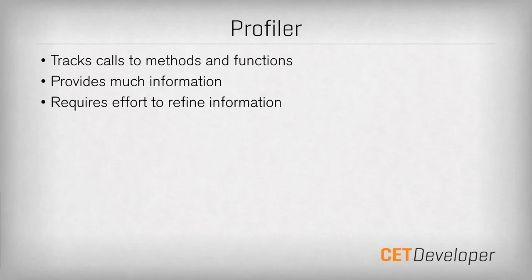Basically, when the profiler is active, when it's recording, it will track calls to every method or function that gets called. Based on this, it'll provide a lot more information about their runtimes and how many times they're called and things like that. It provides a ton of information, which means the majority of the effort you're going to put into using the profiler is actually just to refine that information, slim it down to just the information you want and making sure it's sorted in the way you want.